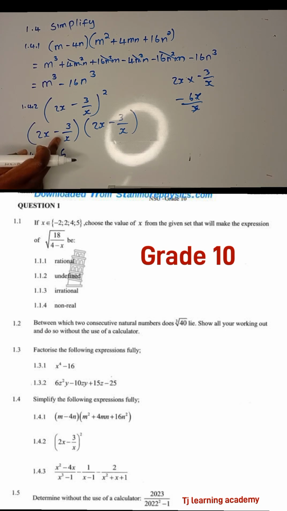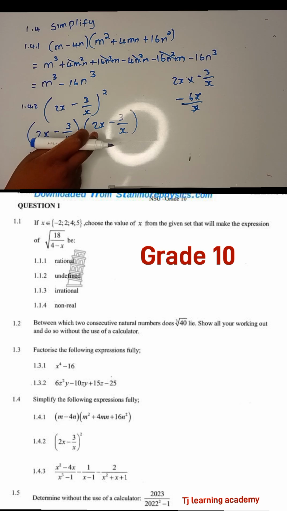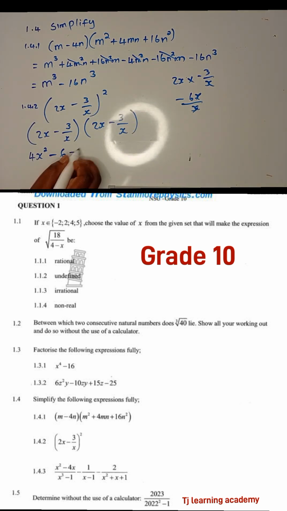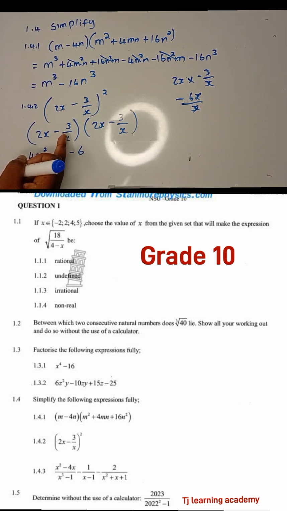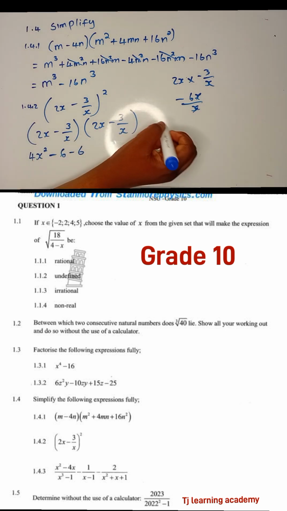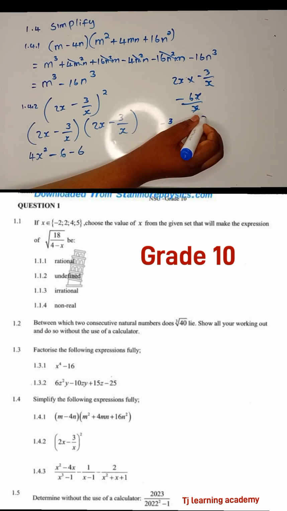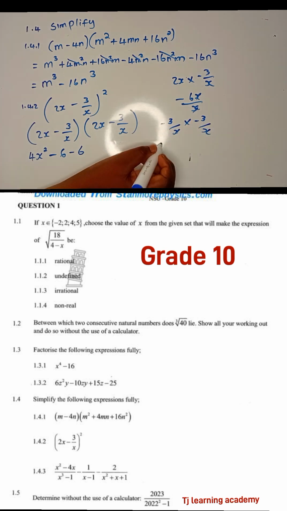Let's come to minus 3 over x. This one multiplied by this one is the same as the previous one, it's going to be minus 6. And then the remaining one is negative 3 over x times negative 3 over x.